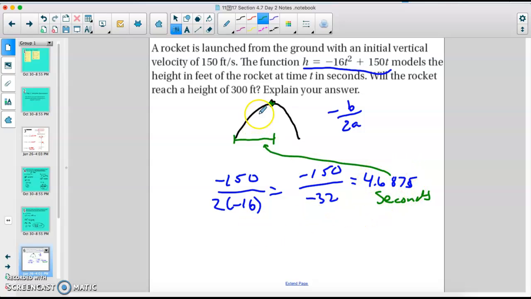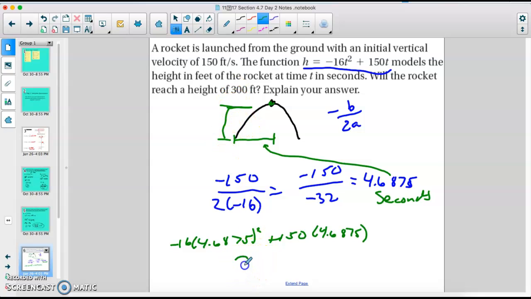Now, to figure out the height, we need to plug this back into our formula. So negative 16 times 4.6875 squared plus 150 times 4.6875, and that'll get us the max height that this rocket reached.